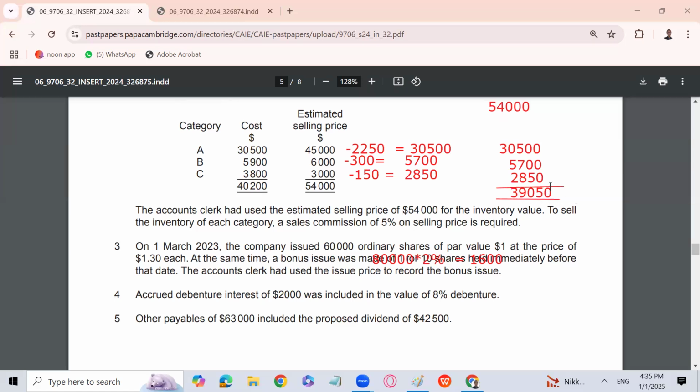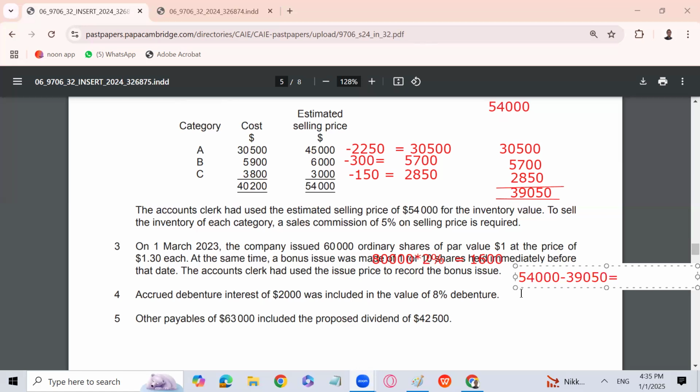But unfortunately, we have recorded inventory as 54,000, which is wrong. So it means that we have to reduce the inventory to 39,050. We have to reduce the inventory by how much? Yes, by 14,950.